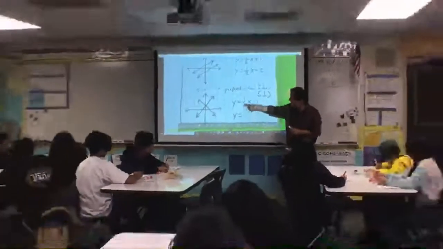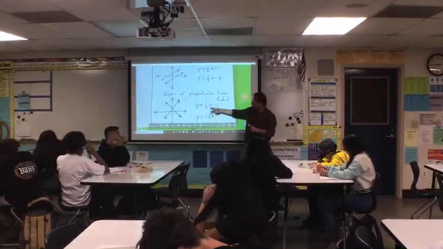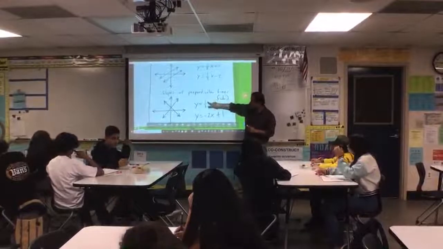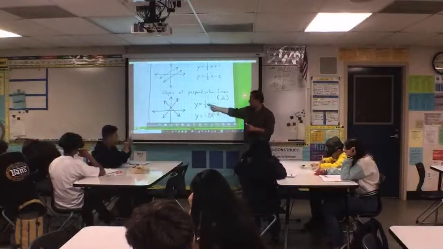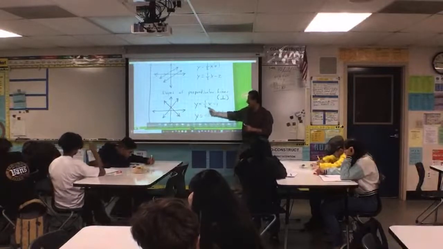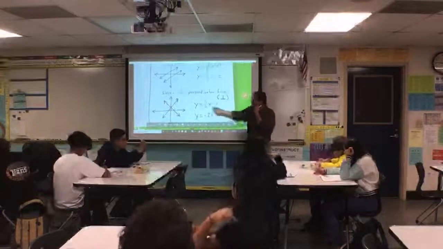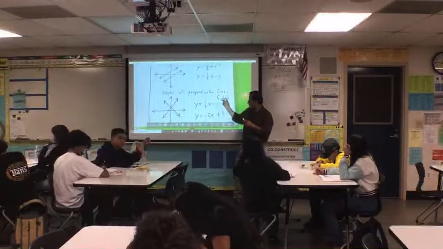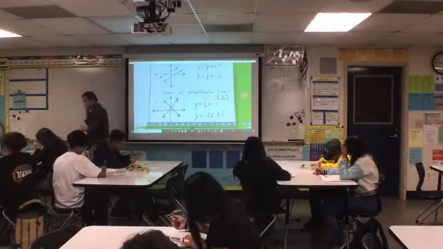One more time. This one's positive, this one's negative. And then over here on the slope, we say that this is the reciprocal. So they have to be both the opposite and the reciprocal, or multiplicative inverse, same thing, reciprocal of each other. Must have 2 criteria in order to be perpendicular.